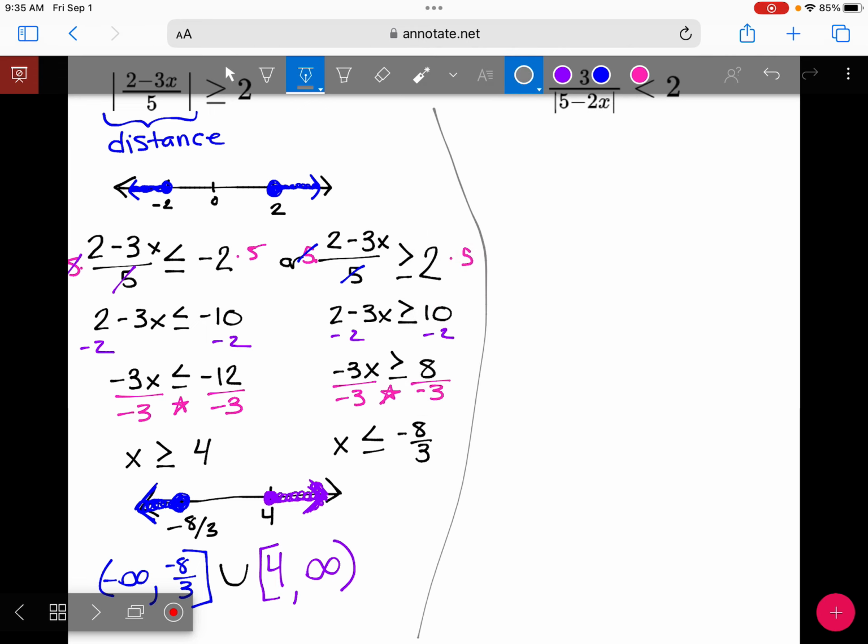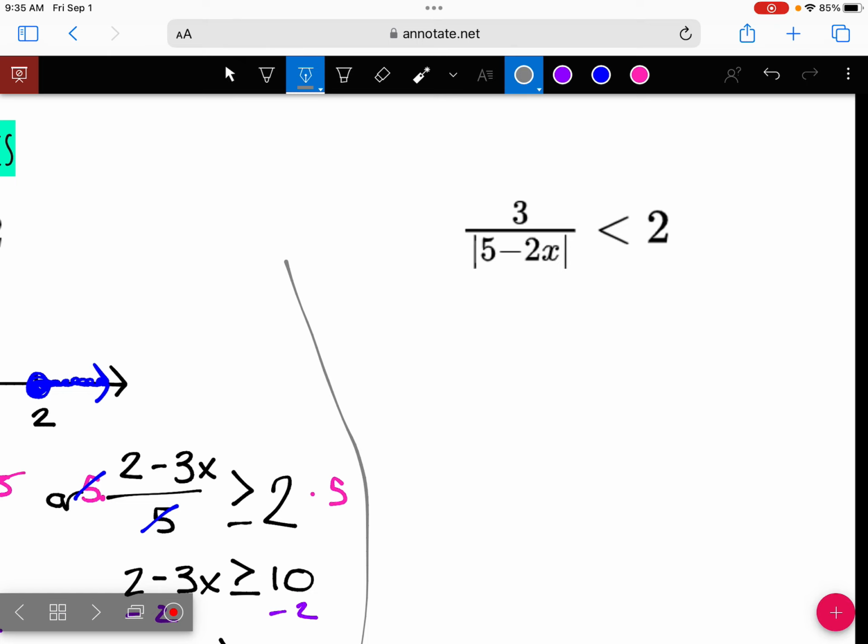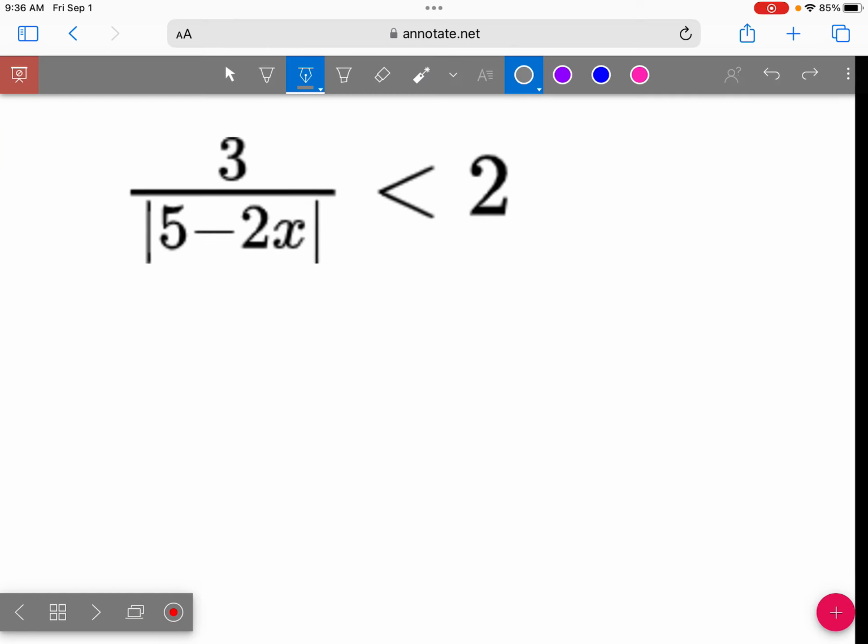So let's do the other one. This is the last one for today. Make it bigger. So there we go. 3 over the absolute value of 5 minus 2x is less than 2. We have a fraction that is kind of gross. What do we do to make it not be a fraction?